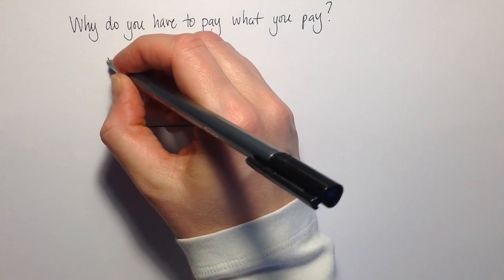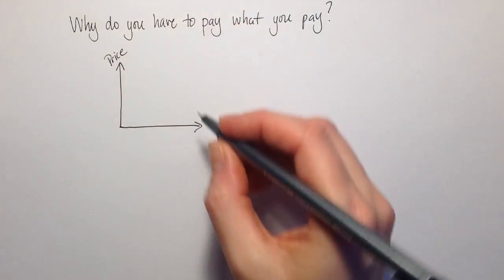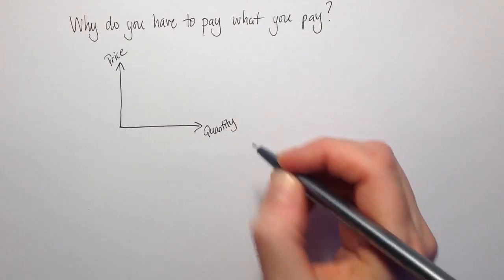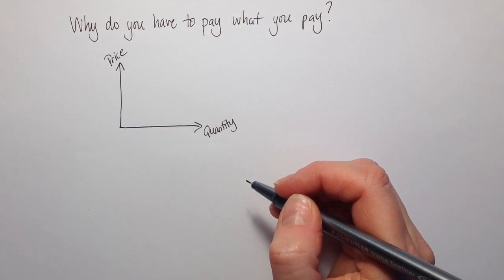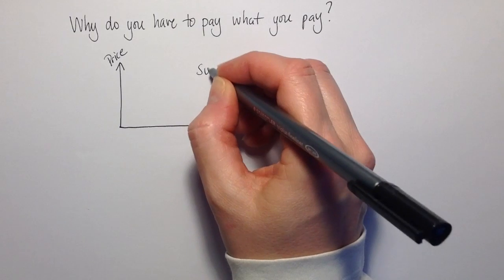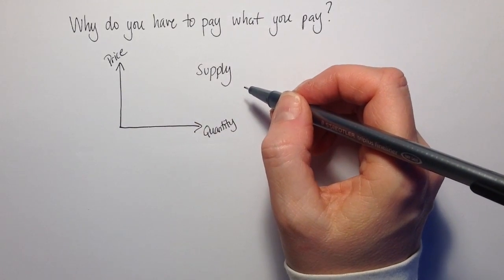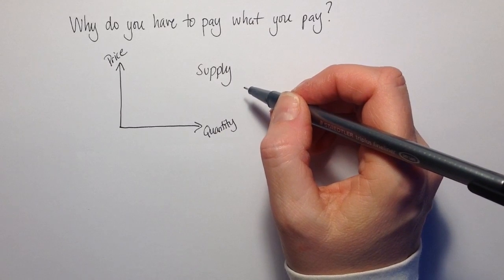We need to write price here and quantity here. Because when it's about supply, that means how much is produced of something. Let's say strawberries.